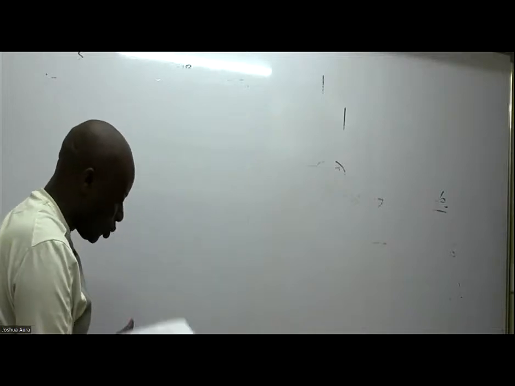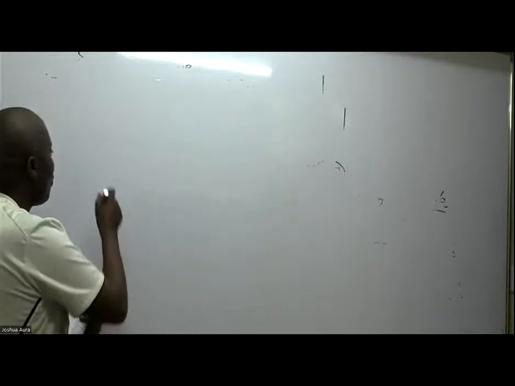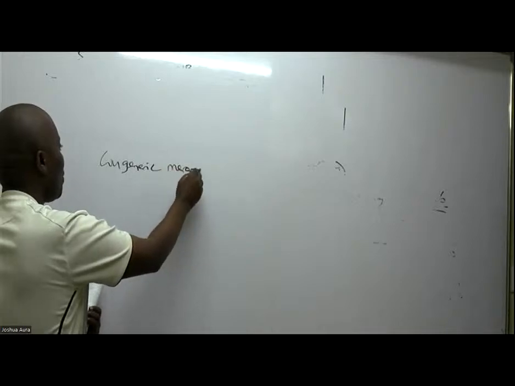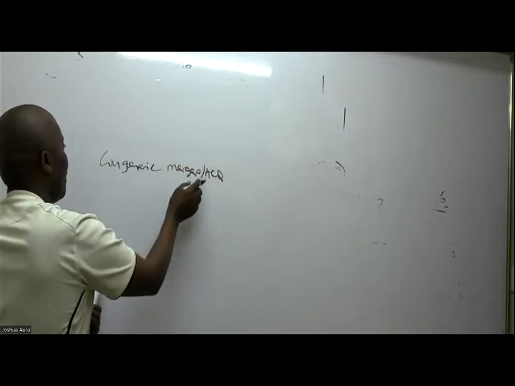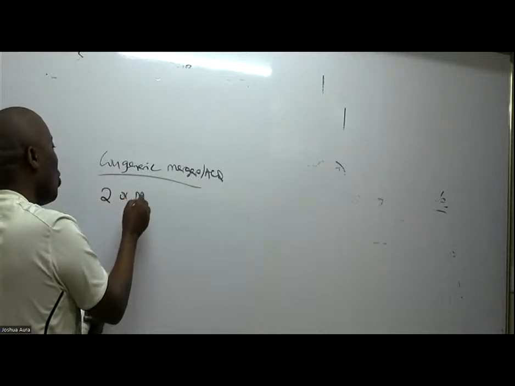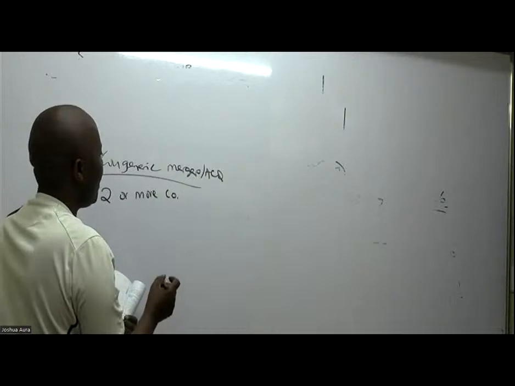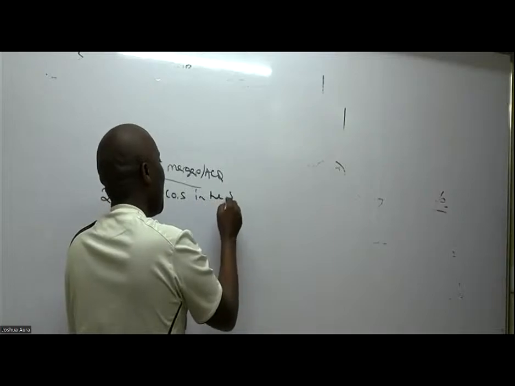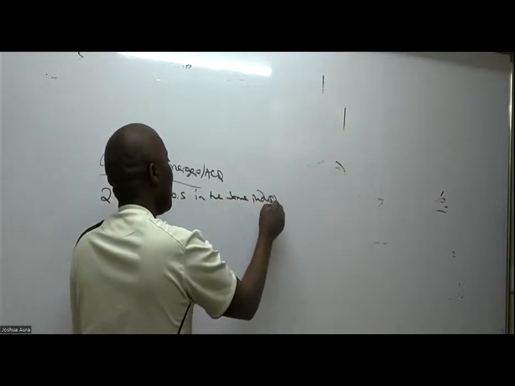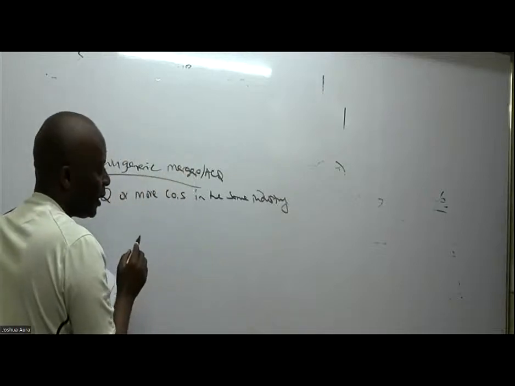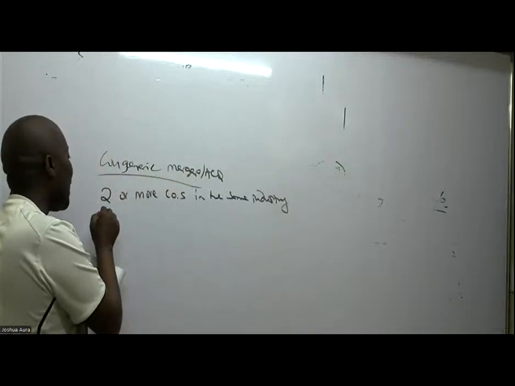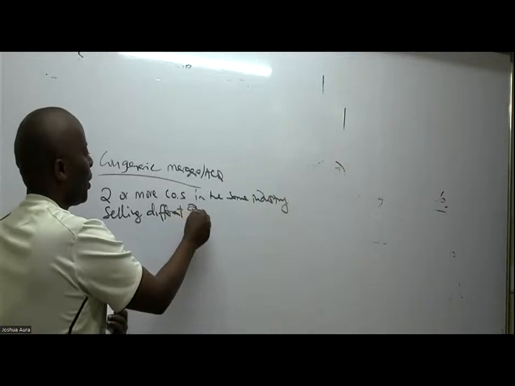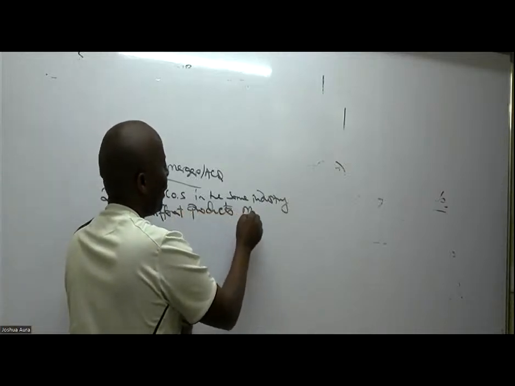This is the example I just wanted to share with my students here. So I talk of congeneric mergers or acquisitions. This is where two or more companies in the same industry, but selling different products, merge.